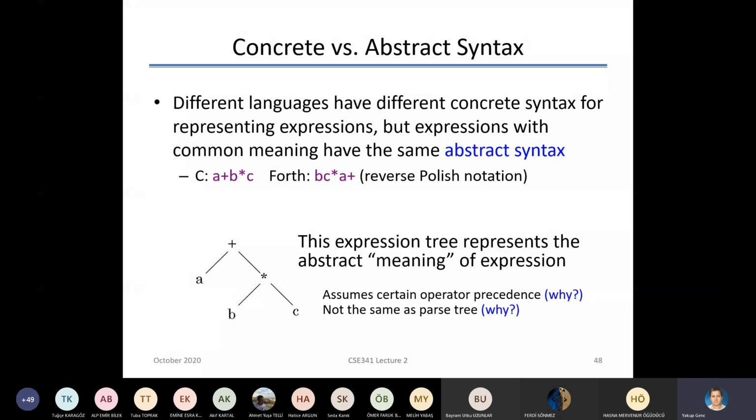Let's discuss this with a more concrete example, where we can actually see what concrete syntax and abstract syntax are.